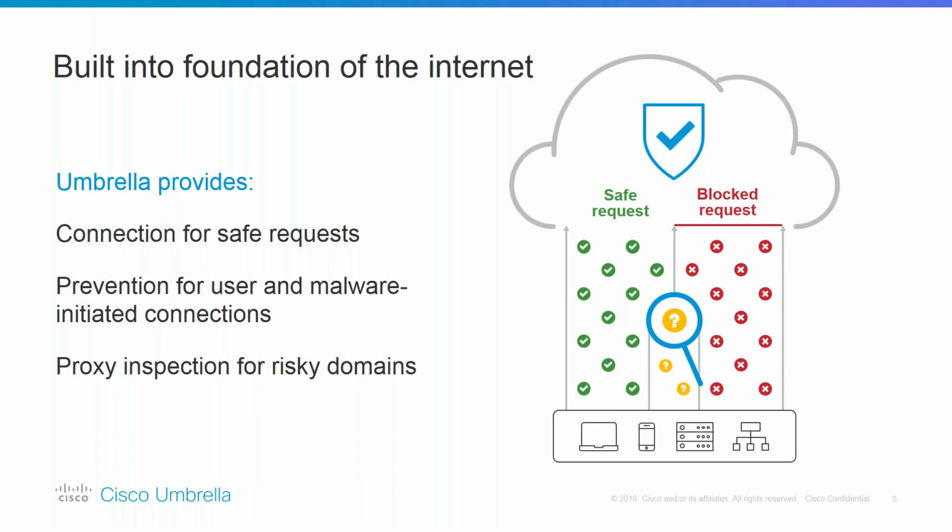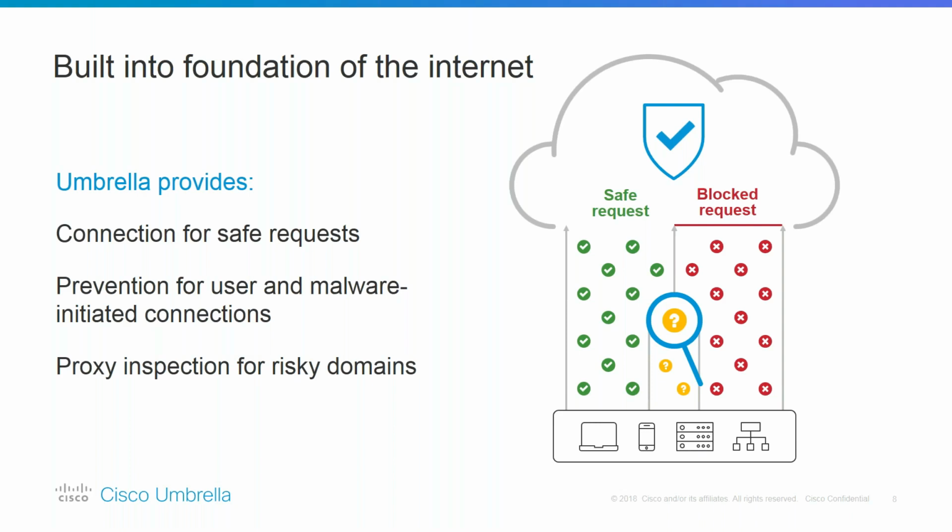If it's good, it's just a quick check to say, yep, this is good, and away you go. If it's a bad domain, the reputation's bad, it's hosting malware, or there's been suspicious activity, it's instantly blocked. You've also got risky domains, so you can proxy risky domains, which is a nice feature, which we'll get onto in a moment.